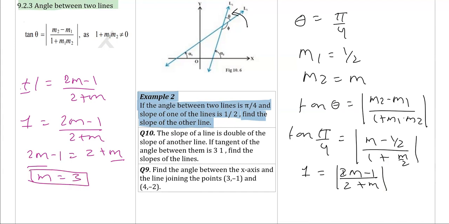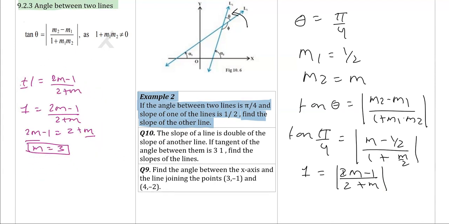But I said that it has two possible values. Now we'll calculate the value of m, that is m2, by taking the other value, this time minus 1, is equal to 2m minus 1 over 2 plus m. Again, by cross multiplication, I'm getting 2m minus 1 is equal to minus 2 minus m.